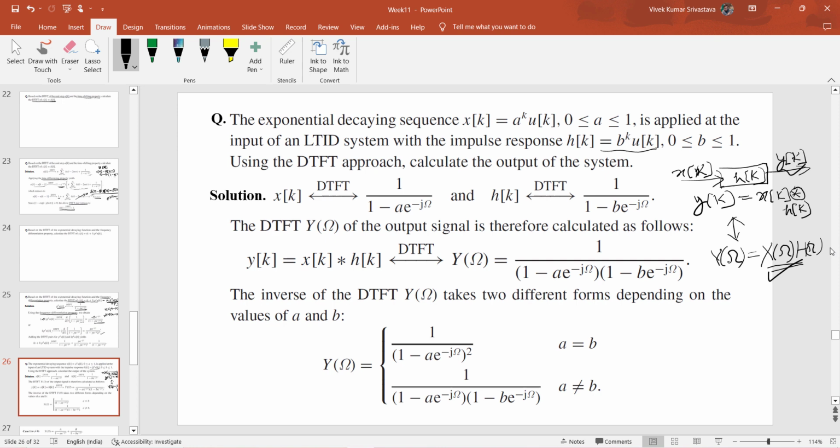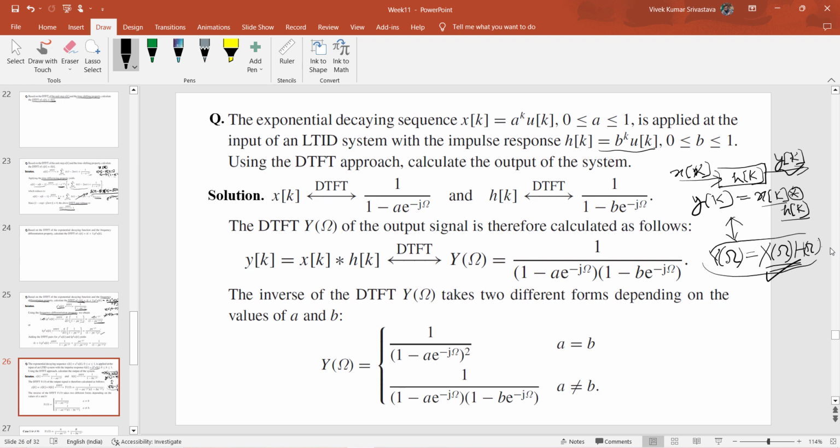So first of all, instead of analyzing this signal in the time domain, we will first transform it into the frequency domain, and then use this property to analyze the system. x of k, which is given to us as a raised to the power k into u of k, has the discrete time Fourier transform 1 over 1 minus a e raised to the power minus j omega, as we have seen from our previous questions.